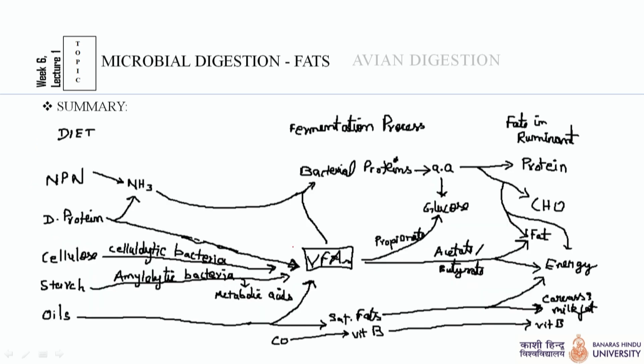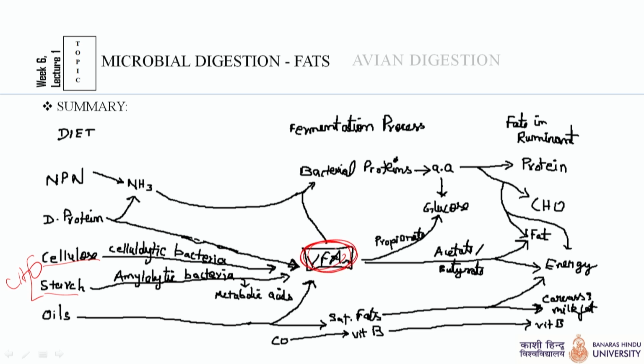Let us summarize the total microbial digestion: carbohydrate, protein and fats, right? The first is cellulose and starch, the carbohydrates. You can classify majority of the components under these two categories. Cellulose is acted upon by the cellulolytic bacteria, and starch by the amylolytic bacteria, and ultimately they form volatile fatty acids.